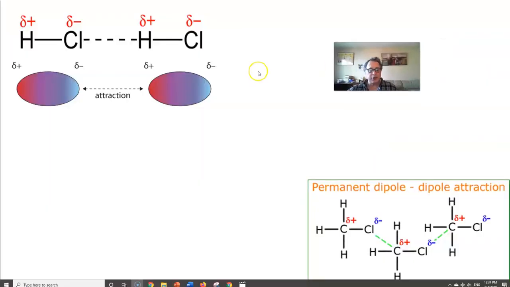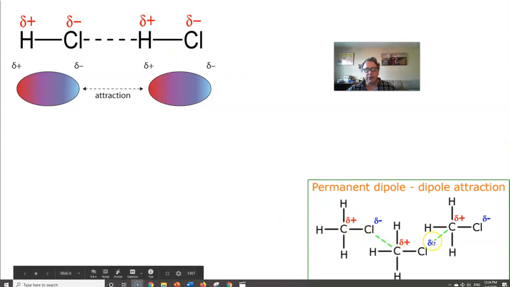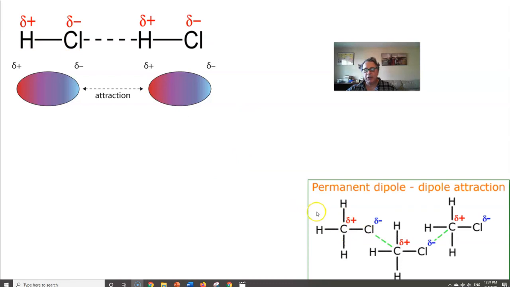Well, what does this mean to have a permanent molecular dipole? Here are two examples. This is hydrogen chloride, and this is chloromethane. Hydrogen chloride, HCl, and chloromethane, CH3Cl, are both very simple covalent molecules with polar covalent bonding, which means that the hydrogen has a partial positive charge and the chlorine has a partial negative charge.